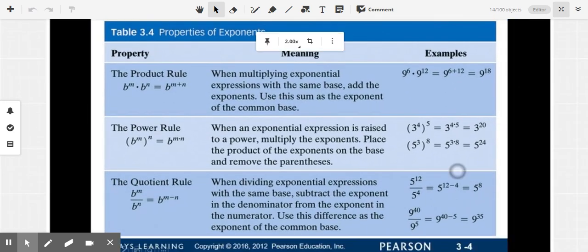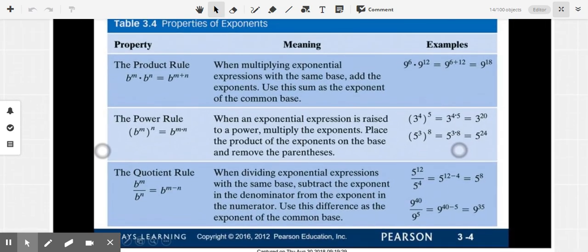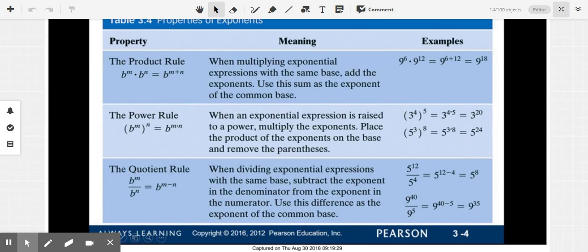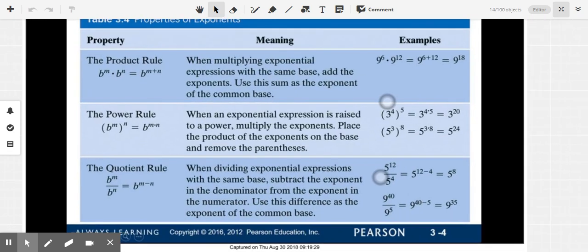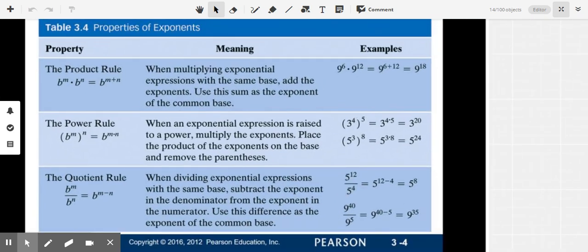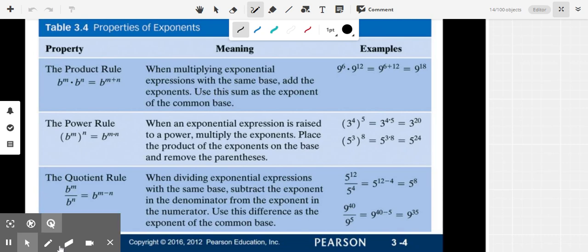Here are the three major rules we have for exponents, right? So we remember that an exponent, if I have like 3 to the 4th power, we know the exponent tells us how many times we multiply that base by itself.